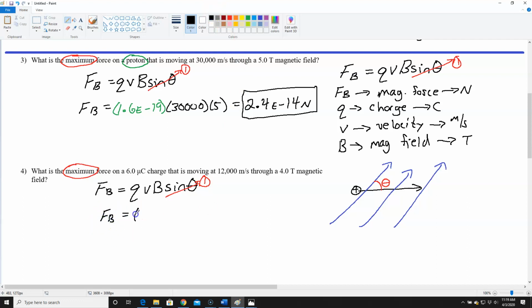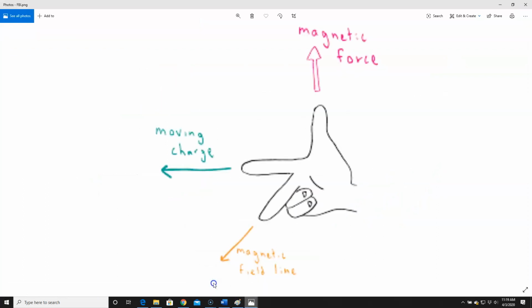So the force will be 6 micro is e negative 6, times 12,000 meters per second through a 4 Tesla field. 6e negative 6 times 12,000 times 4. And the result is 0.288 newtons.